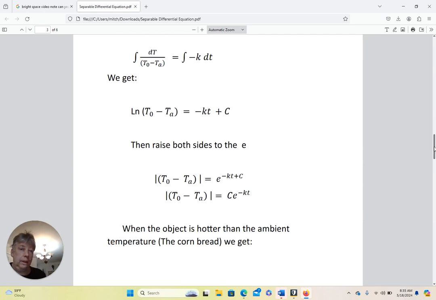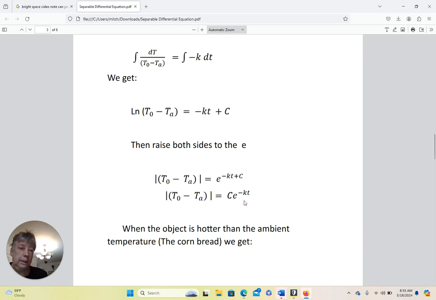Now, if we raise each side to e, the engineering e, we end up getting the absolute value of the object temperature minus the ambient temperature equal to e to the negative kt plus c. That simplifies down to the form under it, which is right here.